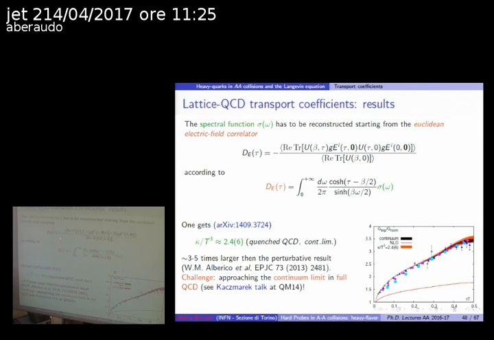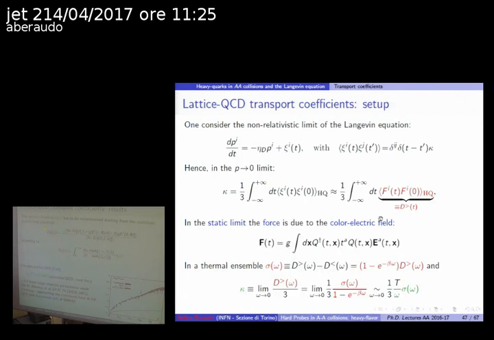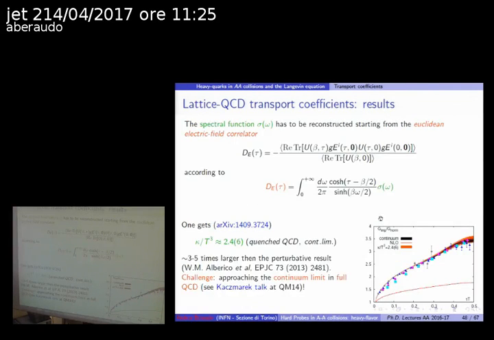Now the point is that this object can be evaluated just at imaginary times. These are Wilson lines, which are there because I'm evaluating this expectation value in the presence of a static heavy quark, which evolves in time according to some Wilson line.